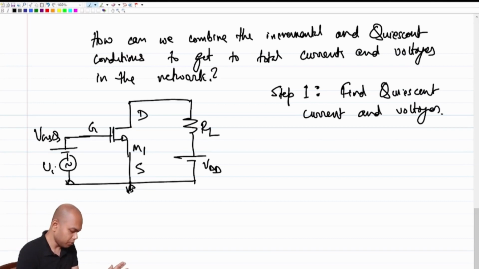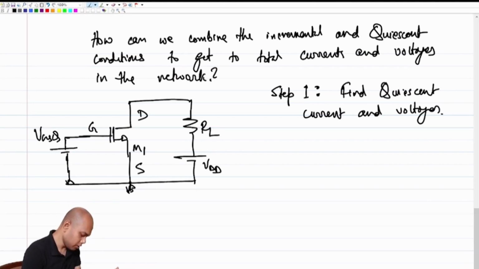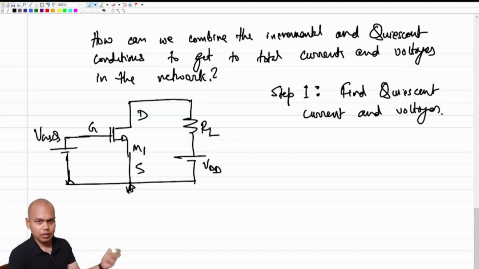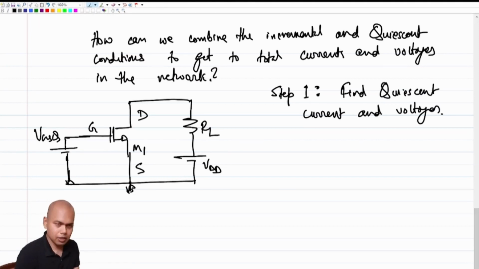You get rid of the incremental inputs. In this case, the incremental input was only one voltage source. When I say get rid of them, I mean I desensitize them. Voltage source desensitizing means it gets shorted. If I had a current source, I would have had to open circuit it.